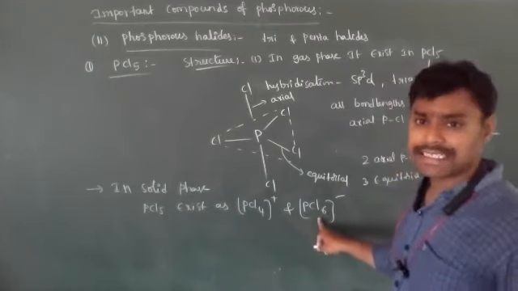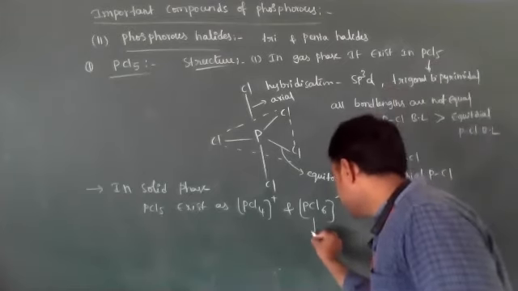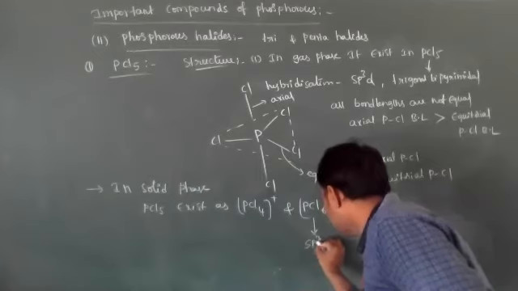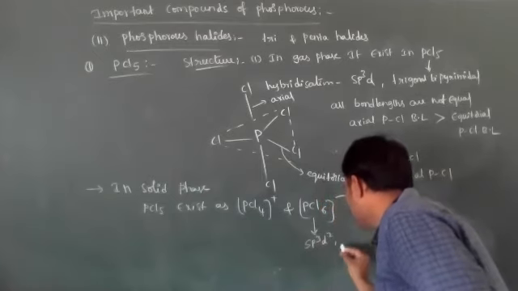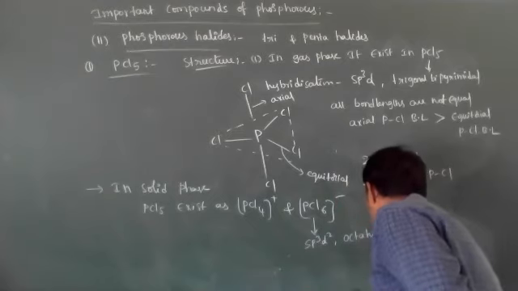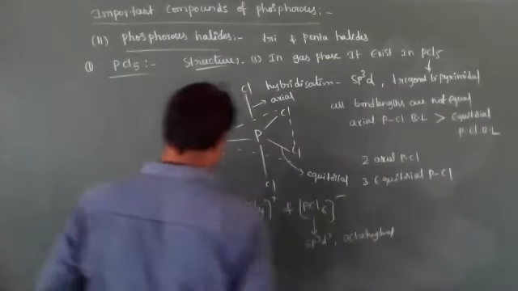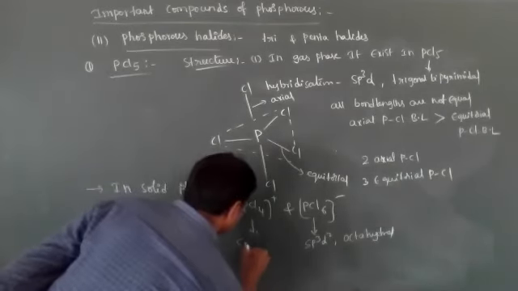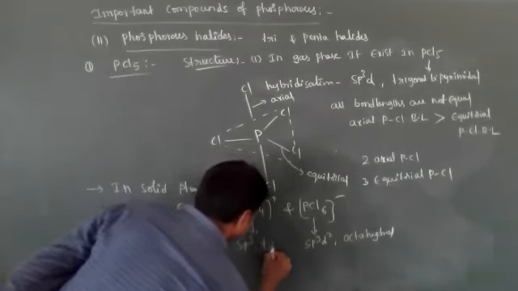That's why PCl6- also exists. In PCl6-, the hybridization is sp3d2 and geometry is octahedral. And in PCl4+, the hybridization is sp3 and geometry is tetrahedral.